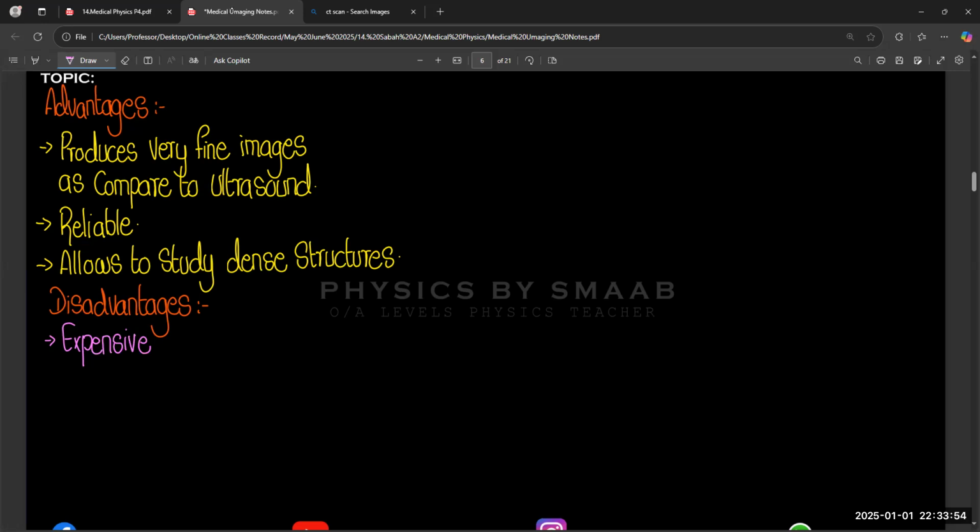Like in a deep CT scan, it takes almost 40 to 45 minutes. So it takes time. It's very long. If it is a normal scan, it also takes like 15 to 20 minutes.